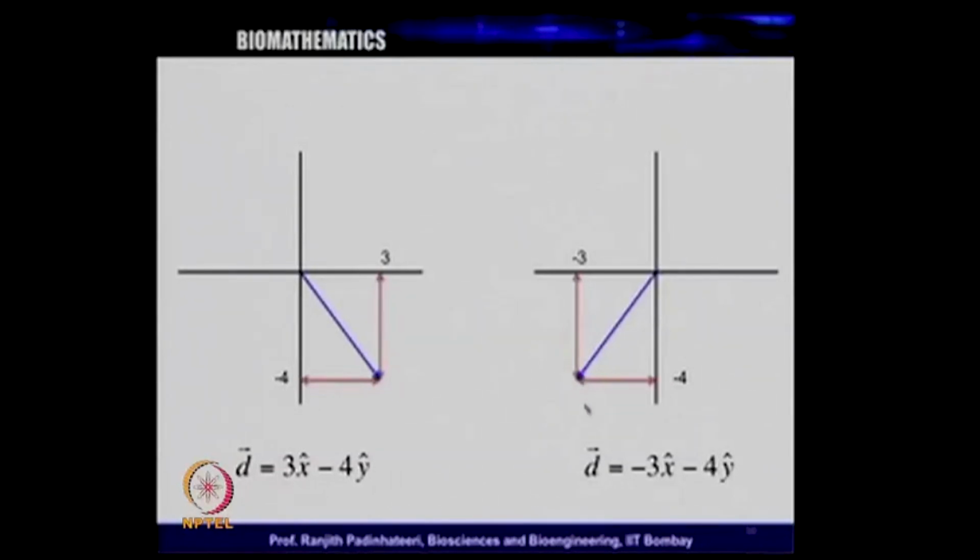So the total is minus 3x minus 4y. These two numbers, minus 3 and minus 4, describe this particular point. As you see, you need two numbers to describe a vector in 2 dimensions.